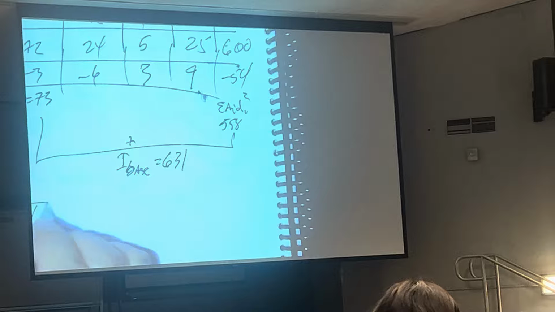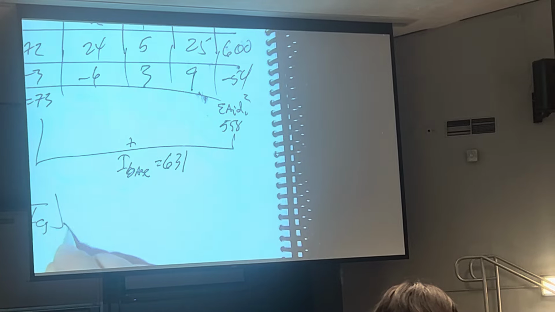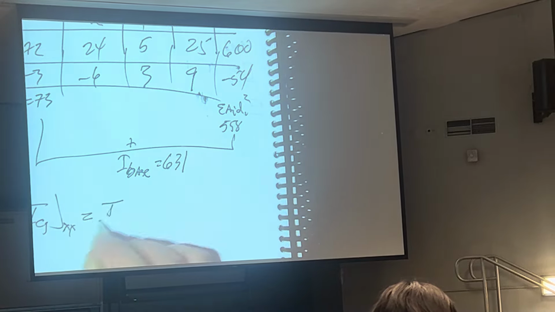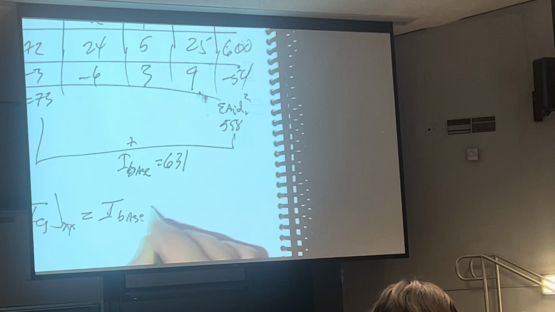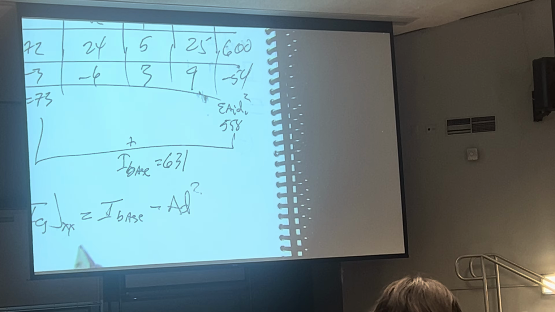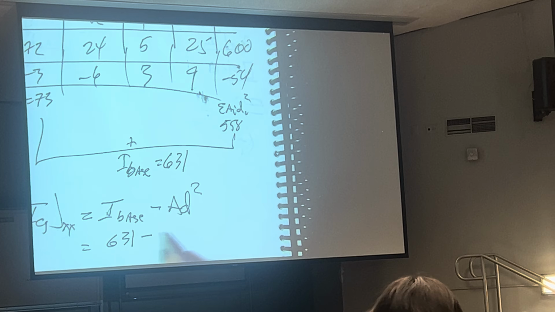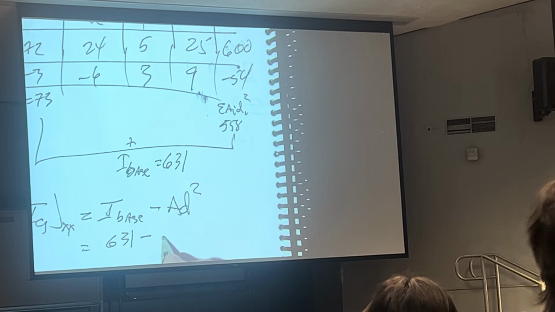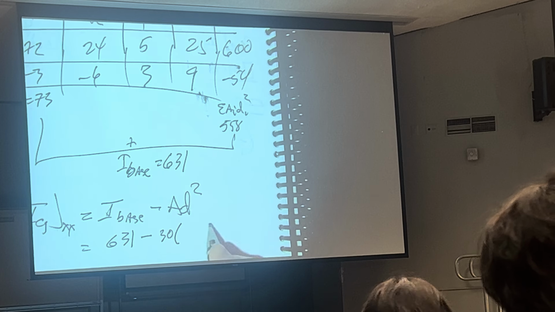So now I say I CG XX is equal to I about the base minus AD squared. This is 631 minus the total area, which you know from the centroid is 30.